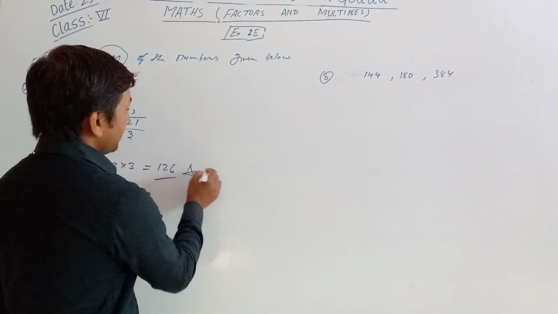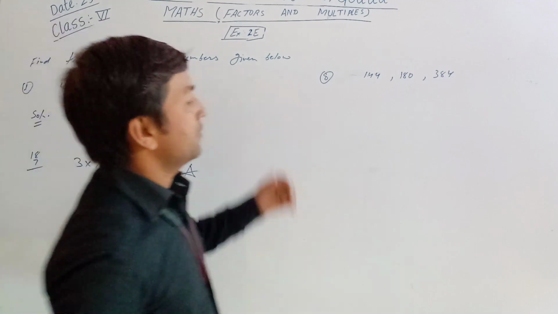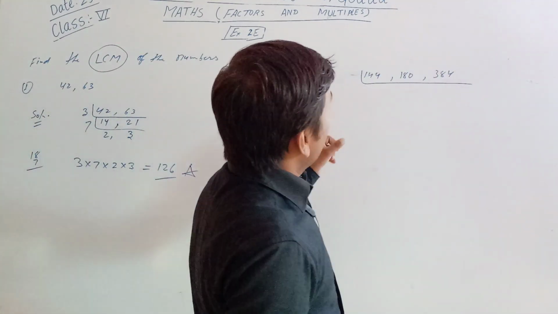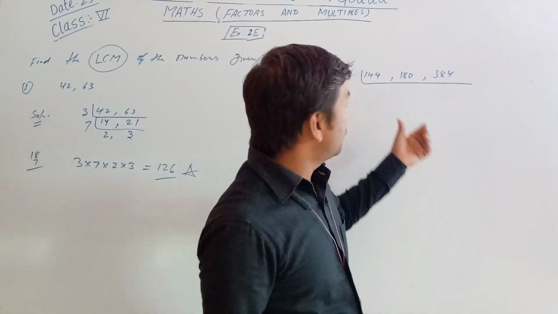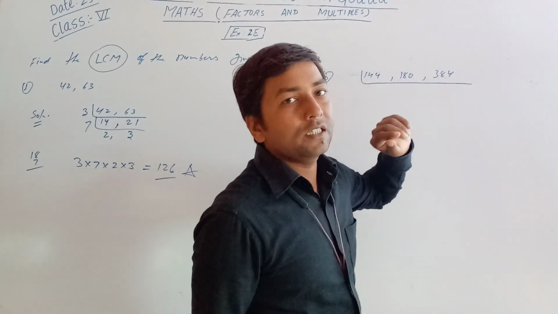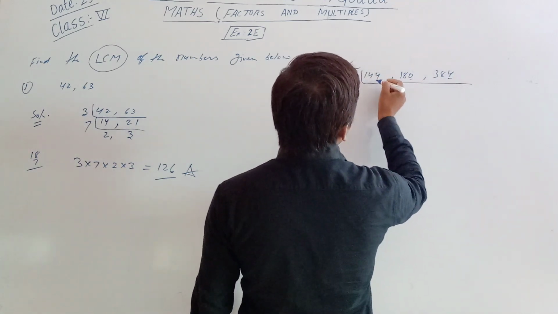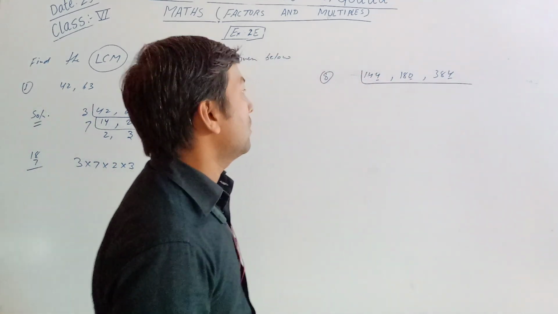Now we solve the next question, number 8. By 2 we can divide all the given numbers because the ones digit is 0 or a multiple of 2.